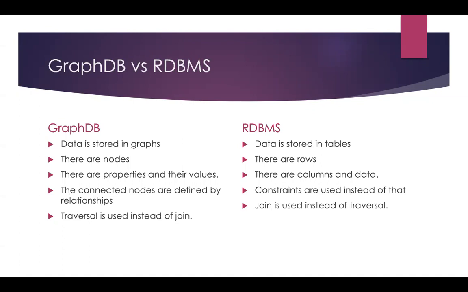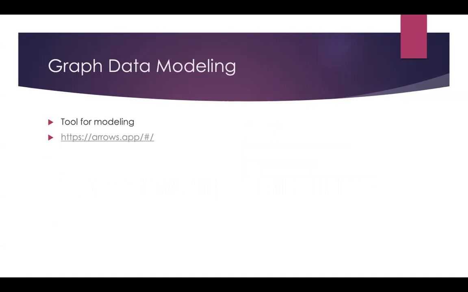In graph, we traverse from one node to another node, and in RDBMS, we use joins. We can also use joins in graph, but it's not widely used. Now we'll see the modeling part.